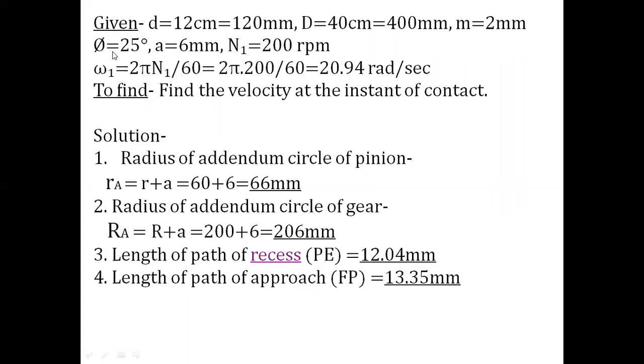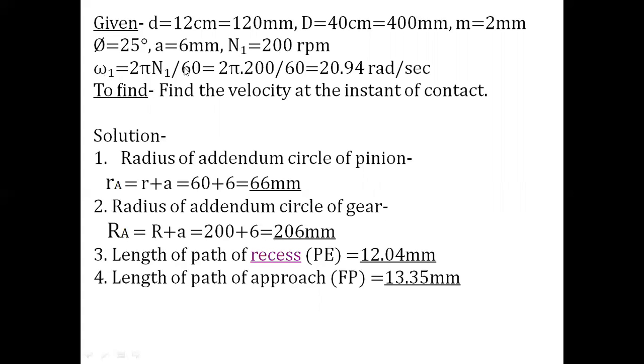Module is given 2 mm, pressure angle is 25 degree, addendum is given 6 mm and the rotation of the pinion is given 200 revolutions per minute.